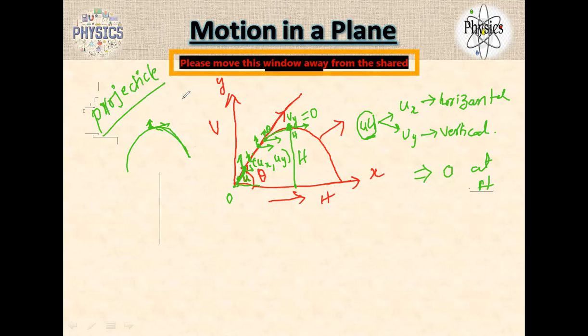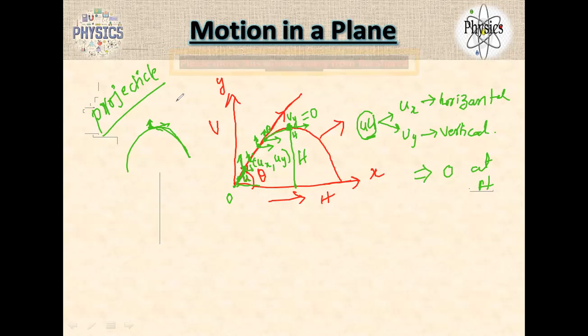The object which contains two-dimensional motion is called projectile motion, with x and y components, a horizontal component of motion and a vertical component of motion.